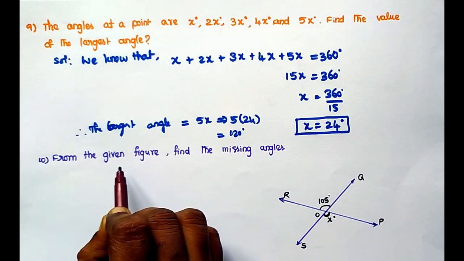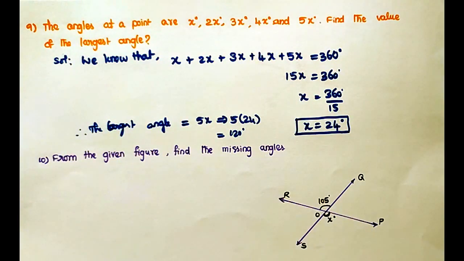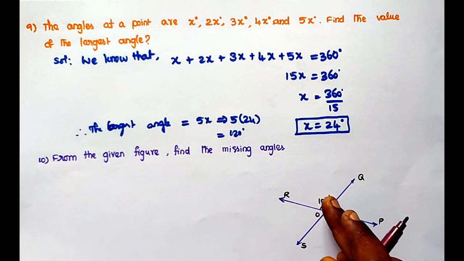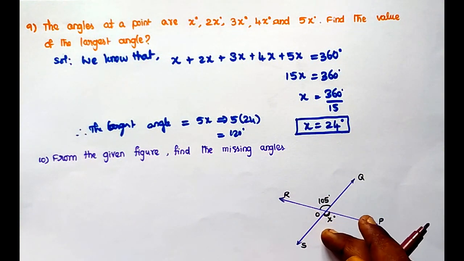10th sum, from the given figure find the missing angles. Listen, we want to find out this angle. It is a vertically opposite angle, x and 105.